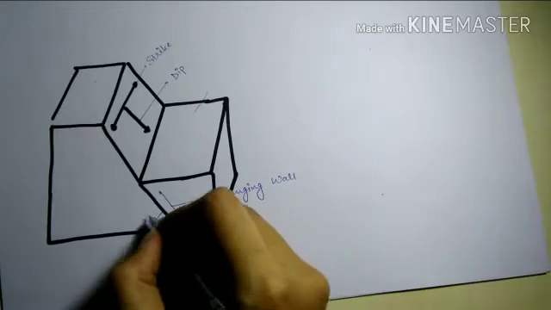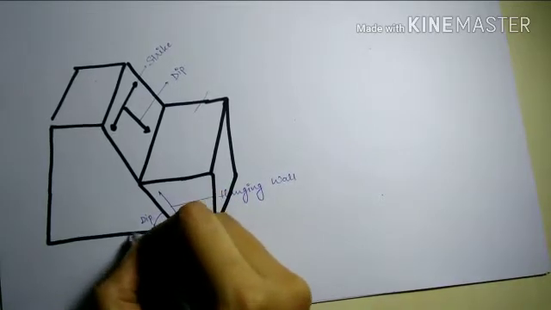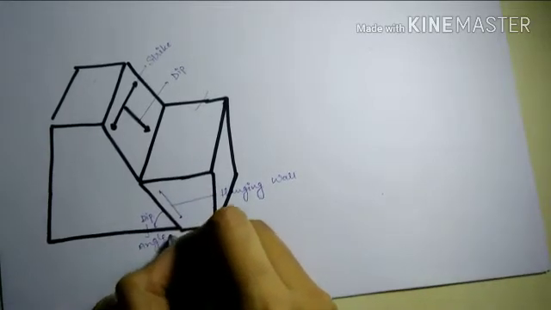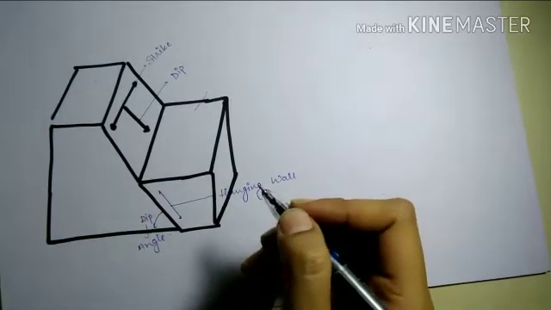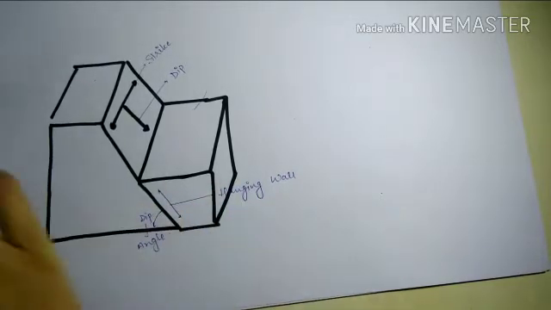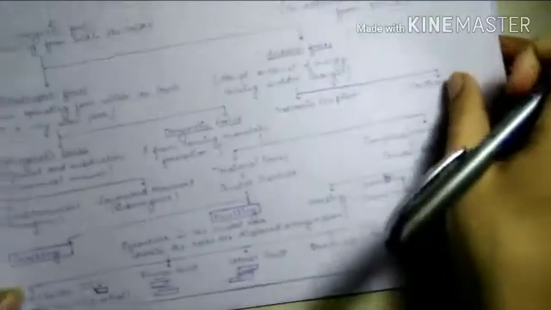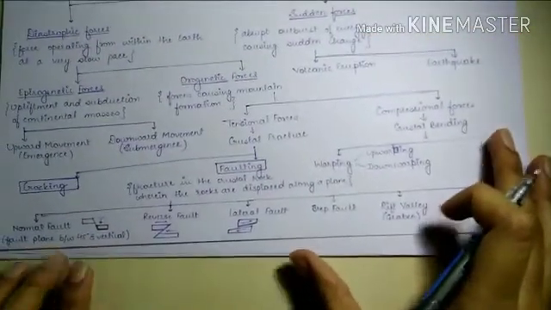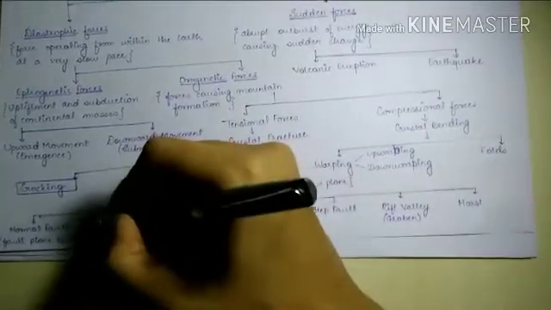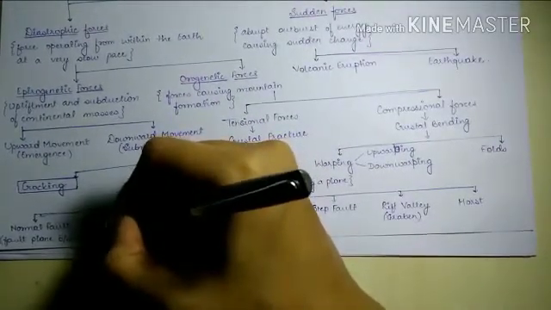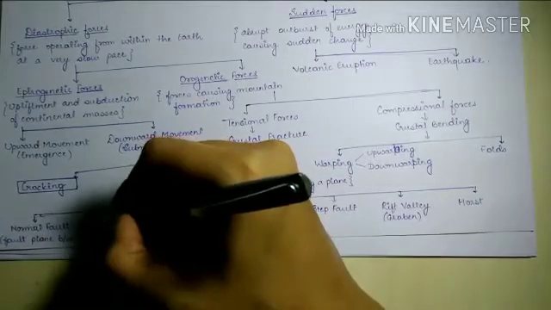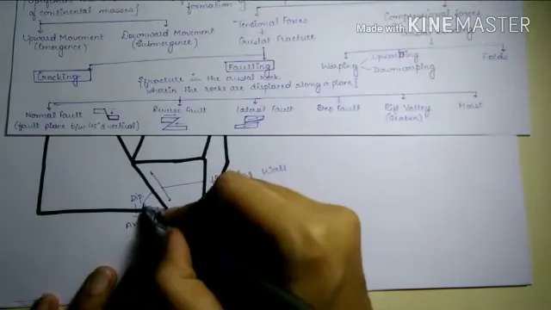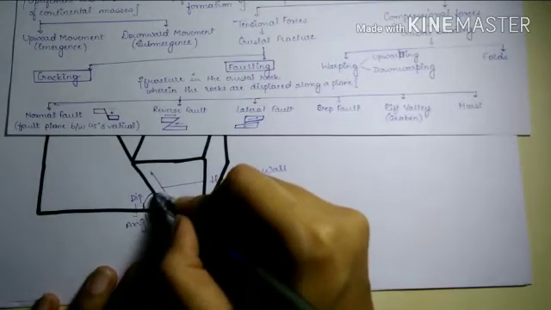This is our dip angle. In normal fault, the fault plane is between 45 degrees and vertical. So this is either 45 or more.